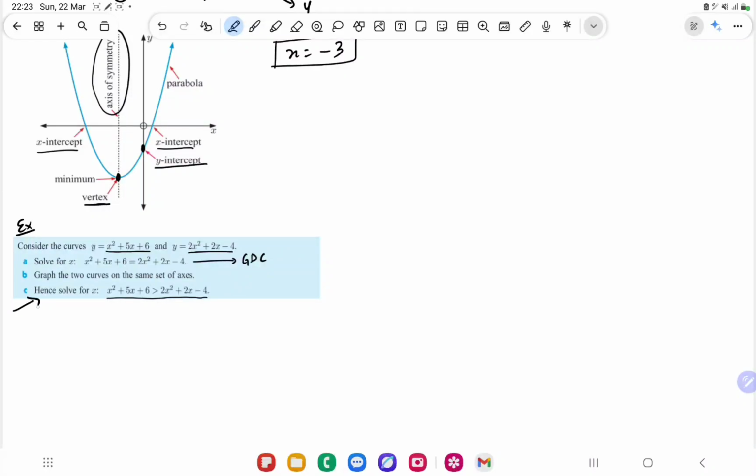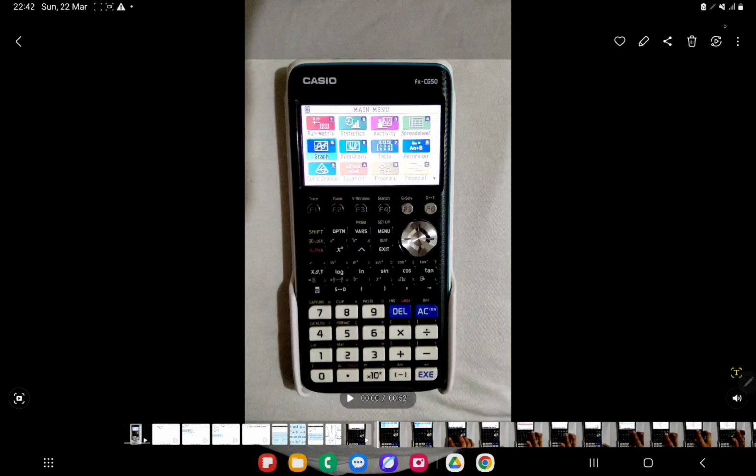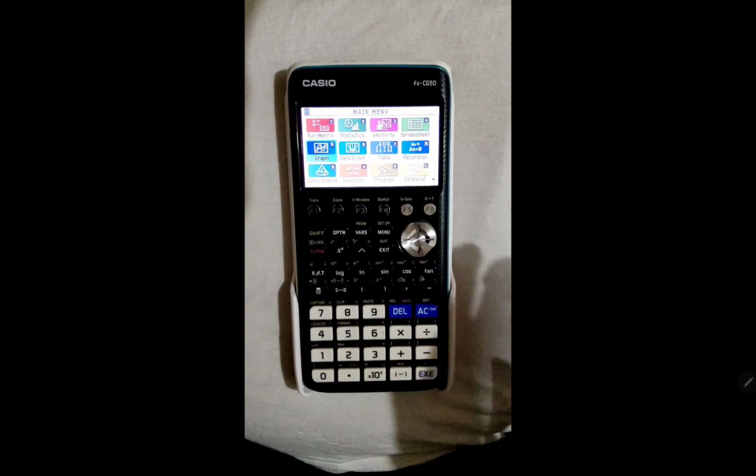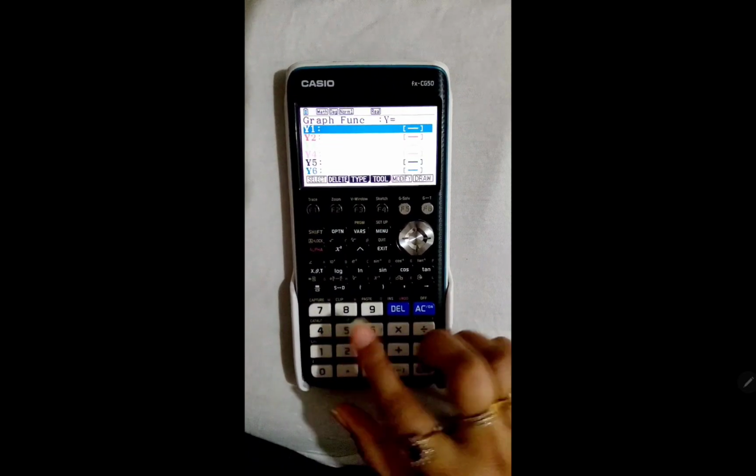Now to solve the C part, we are given both the equations, but the first equation is greater than the second. So what to do when you have a condition given to you like this? How will you use GDC in this? So let's see. To find the value of x for this condition, we will go in graph.